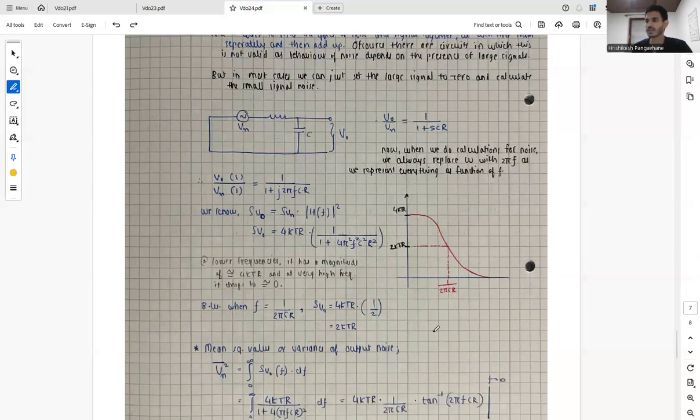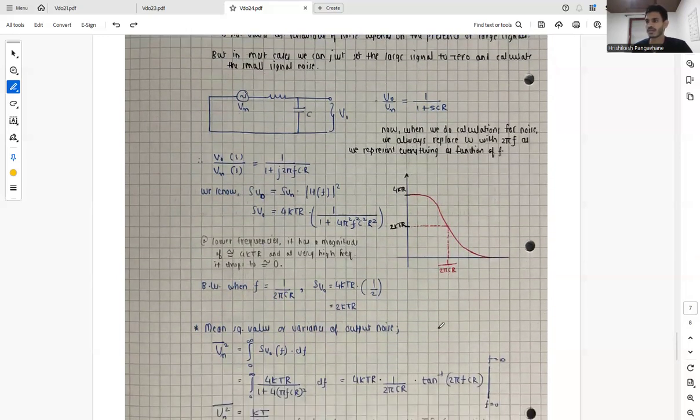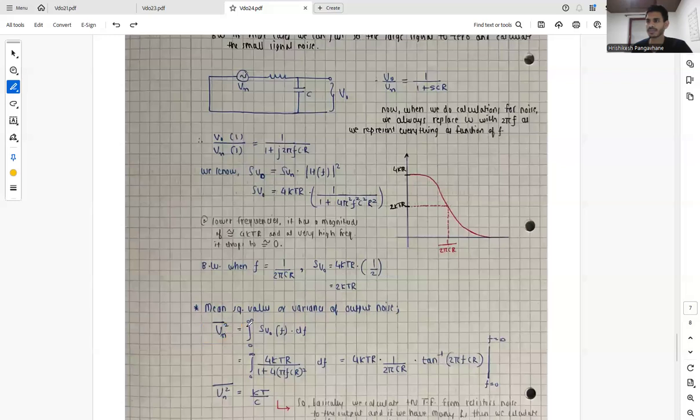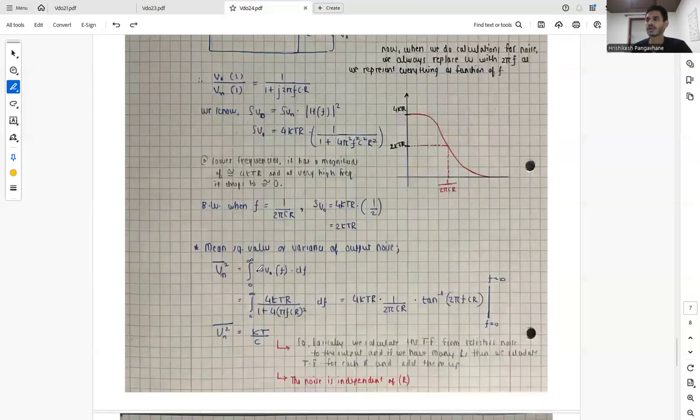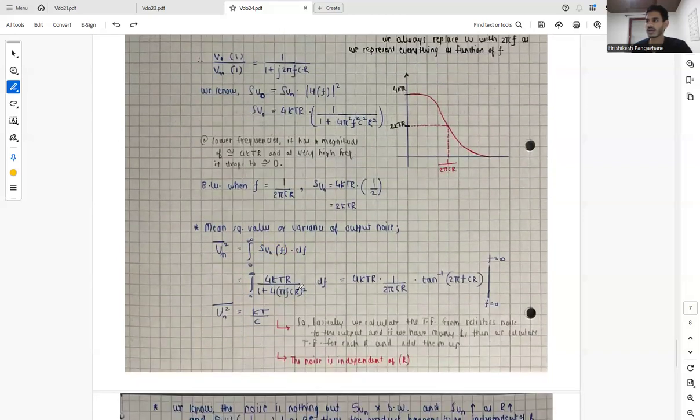So the mean squared value, or the variance, of output noise is given by the integration of SV naught as a function of f times df. And if we put in the value of SV naught and integrate it, we will get the mean squared value as kT by C. And apparently this noise seems independent of R. Interesting.